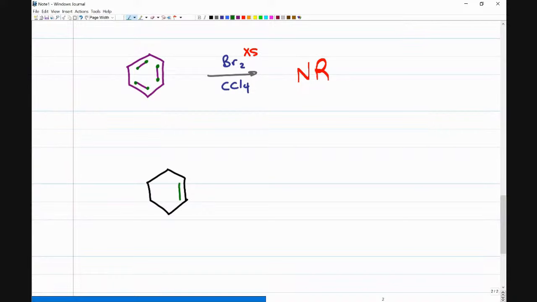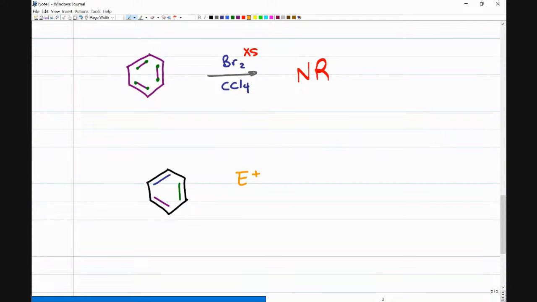If I have an aromatic ring, we'll keep track of the pi bonds in different colors so that we can see what happens. And this time, instead of reacting with just something simple that would react with an alkene, I bring in a super electrophile, which I'm going to go into detail soon with specifics.